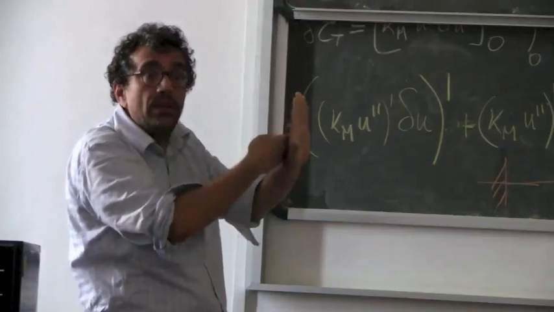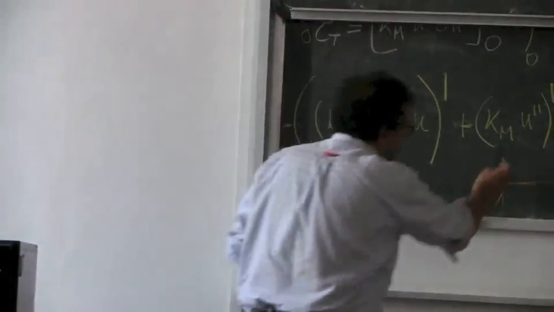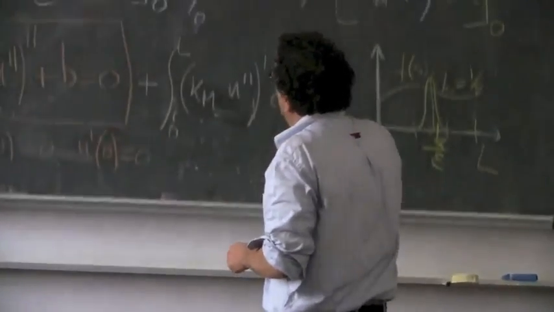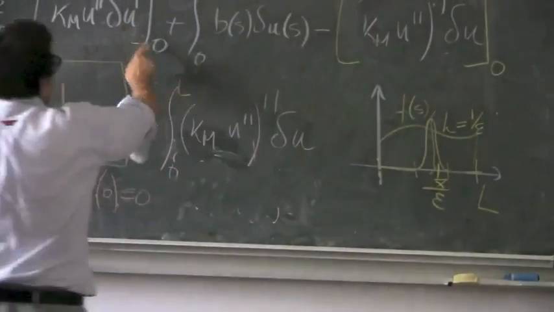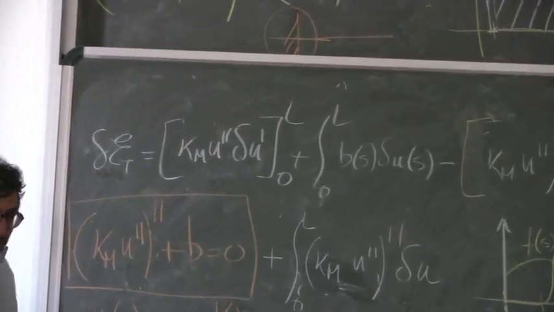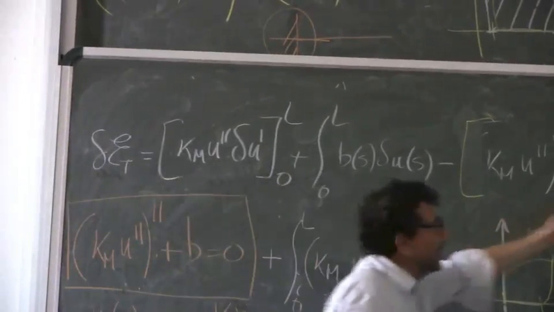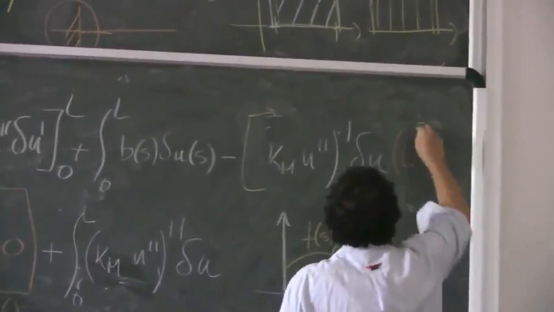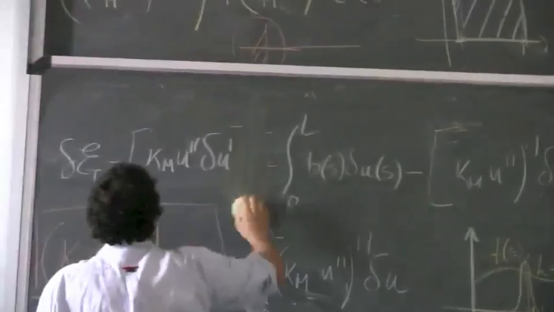So u prime is 0. So you have specified the kinematical conditions. Okay? So delta u prime 0 is 0. You cannot do anything to vary it. And delta u in 0 is again 0. So you have only this.